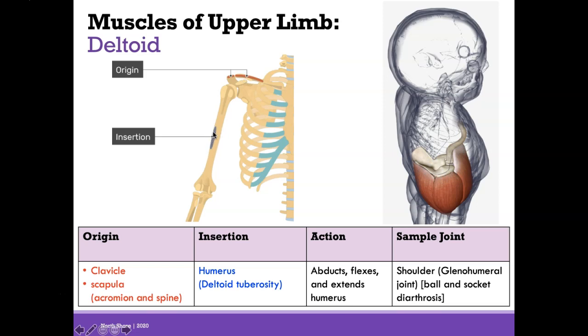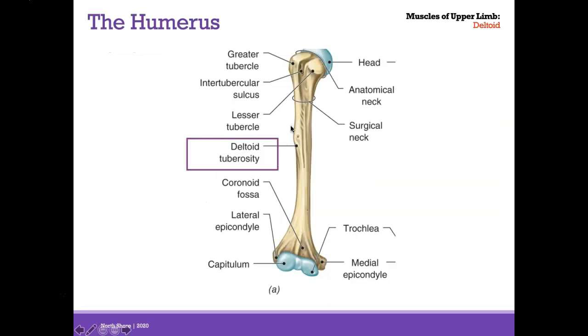So the deltoid inserts all the way down on the humerus, specifically at a location called the deltoid tuberosity. So that makes sense. The deltoid tuberosity is where the deltoid attaches on the humerus. So here is that deltoid tuberosity. And that's what I mentioned before when I showed you this picture in like the first or second slide.